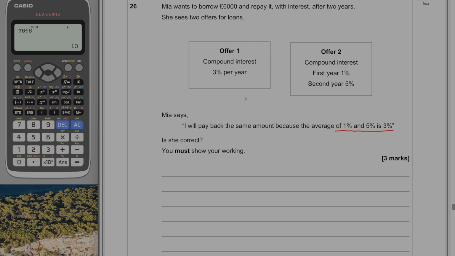So I'll be awkward and say no, compound interest... take the average.